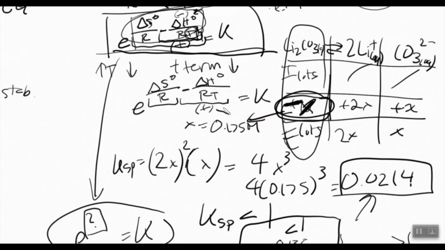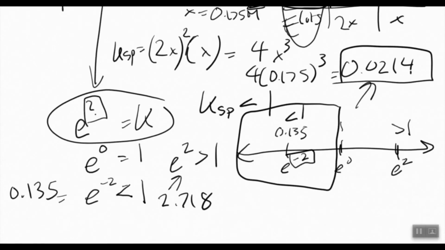We have a positive right there. So if we want the exponent to be negative, what do we have to do? We actually have to make this negative. So what can we conclude about the delta S? That delta S is negative, or else K will never be less than 1. Because if delta S was positive, if we're adding two positive numbers, this makes K super big, and our K is less than 1.